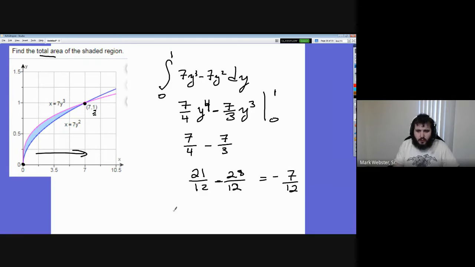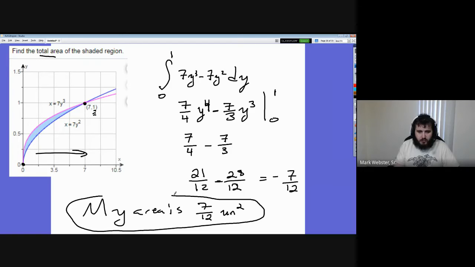So all you got to do is, like if you had a problem on the AP exam where you did this, my area is 7 over 12 units squared. And then you get all your full points.